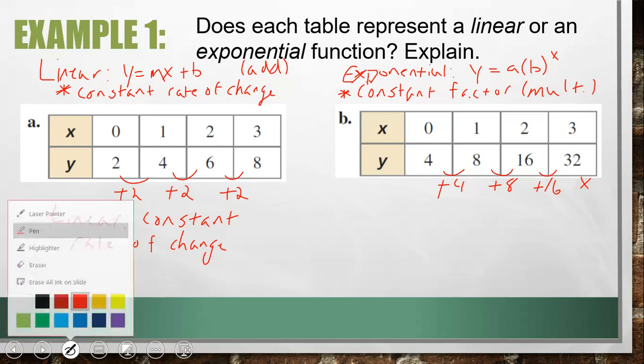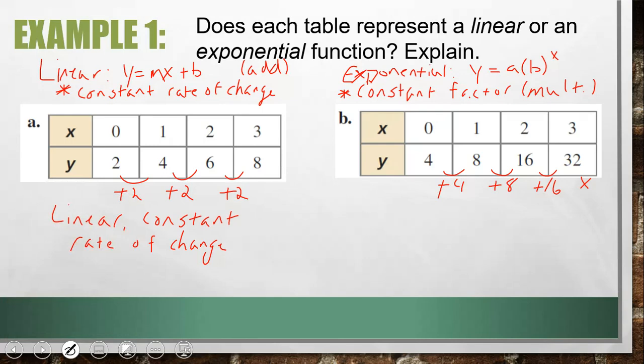So I say to myself, okay, let me try multiplying. So 4 times 2 is 8, and 8 times 2 is 16, and 16 times 2 is 32. So we have what's called a constant factor here. We're multiplying by 2 each time.